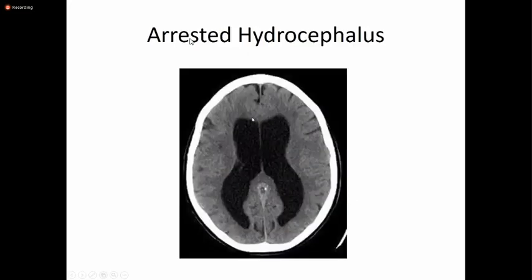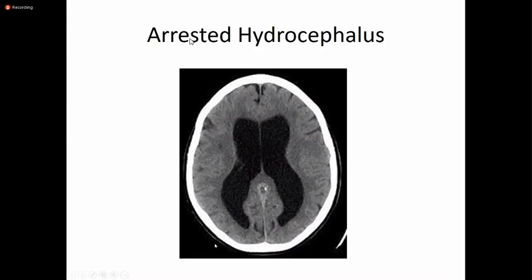So by saying arrested hydrocephalus, we mean to say that the ventricles are dilated, but there is no periventricular lucency. You can appreciate the sulci very well. In previous scans where the intracranial pressure was high, the ventricle was dilated, there was periventricular lucency, and the sulci were obliterated.